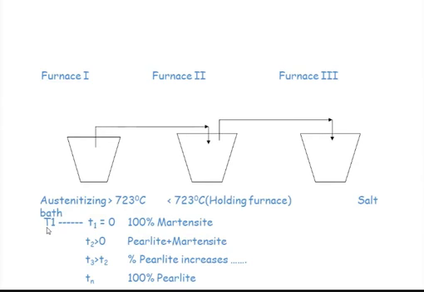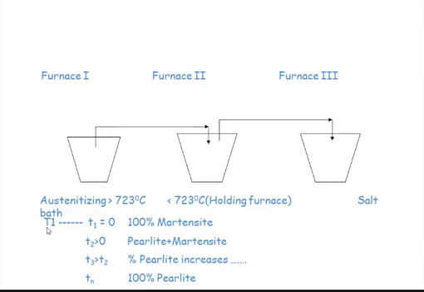Let us take the third sample from furnace 1. We hold it in furnace 2 for 2 minutes, then quench in furnace 3. Here the percentage of pearlite is 40% and martensite is 60%.